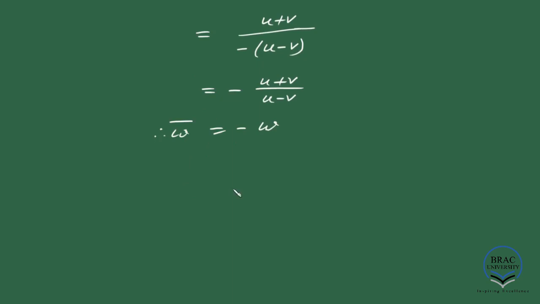And we can see that this is purely an imaginary number because its conjugate is the negative of the number itself. Therefore, we can write that the number w, which we assume to be u plus v divided by u minus v, is imaginary.